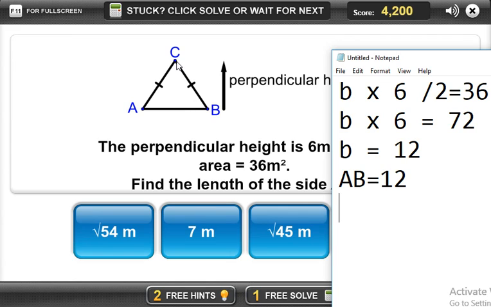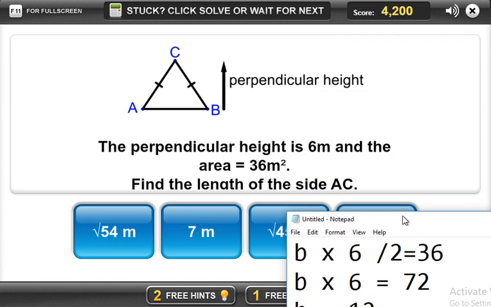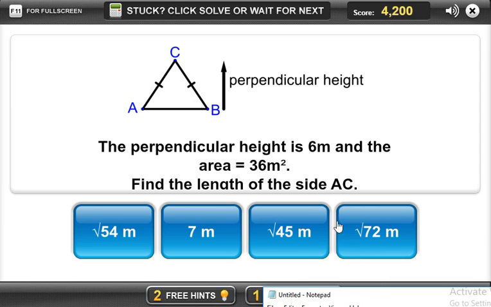Okay, so what we've got to do is find the length of side AC, and that's a hypotenuse, so it's the same as this one here, same as that, because isosceles triangle, they're both the same, so we can work out any one of these here. So we've got to work out this side here, and it'll give us the answer.